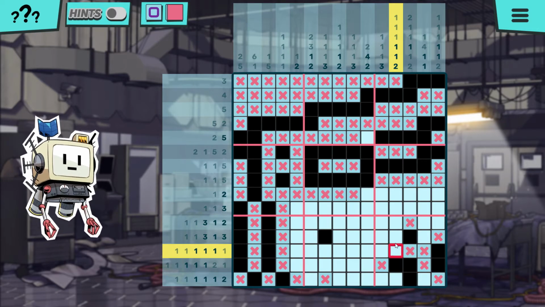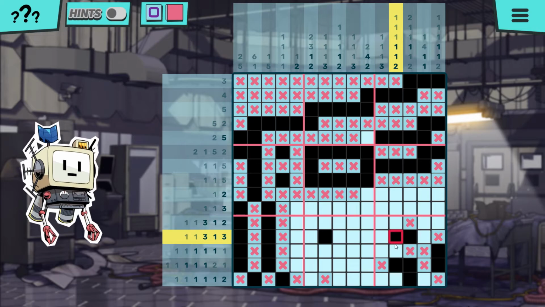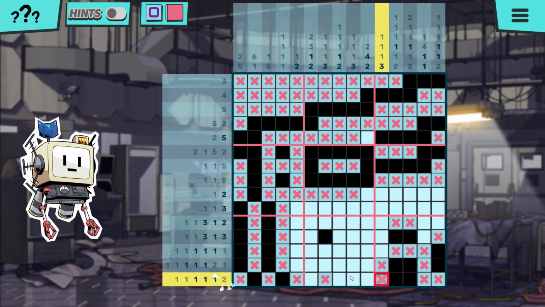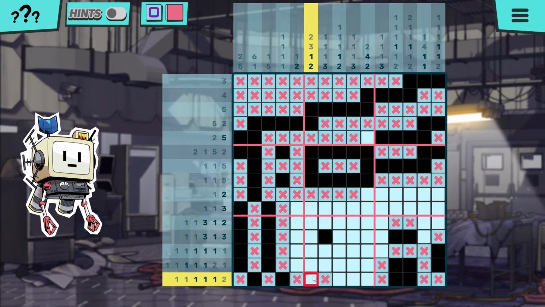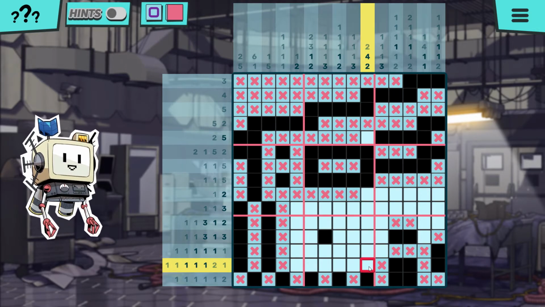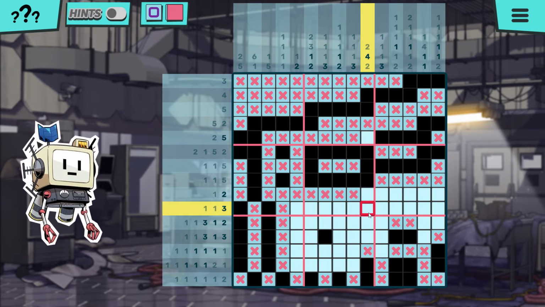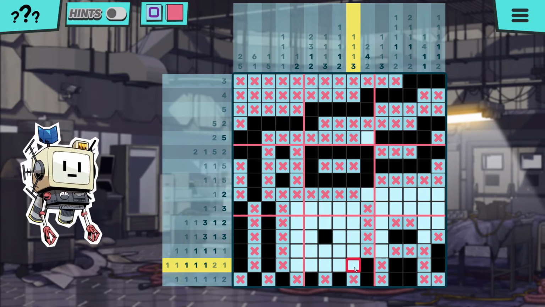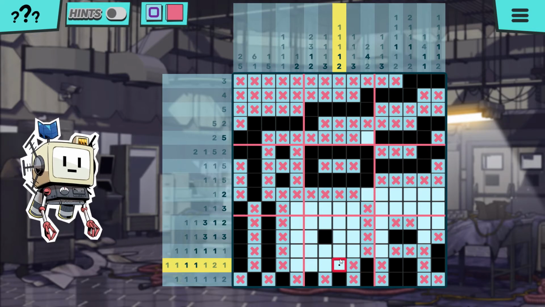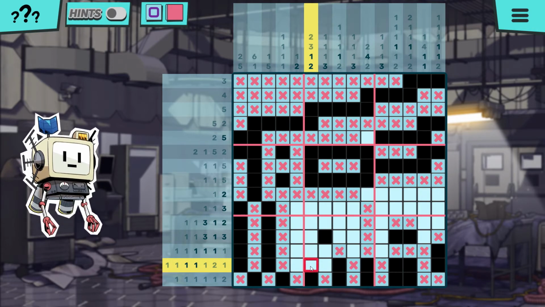Okay. This has to be part of the 3, which means the 2 has to be here, the 1 has to be here, this is empty. 1, 1, 1, there you go, that's a 2. So this has to be empty. That's the 1, that's a 2. That's a 2.